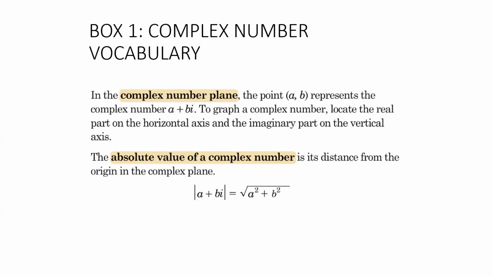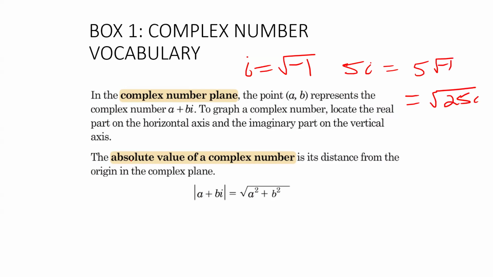So if you look in here, we have complex number vocabulary. What we're talking about is a complex number plane, and complex numbers are made up of imaginaries. Your imaginary is this i. i equals the square root of -1. So when you see a number that says 5i, that means you have 5 times the square root of -1, which used to be the square root of -25.